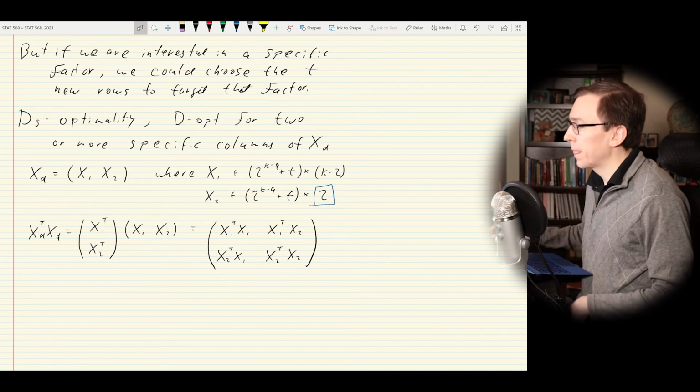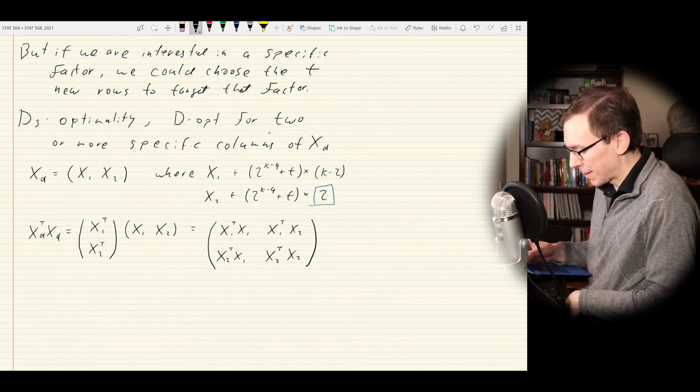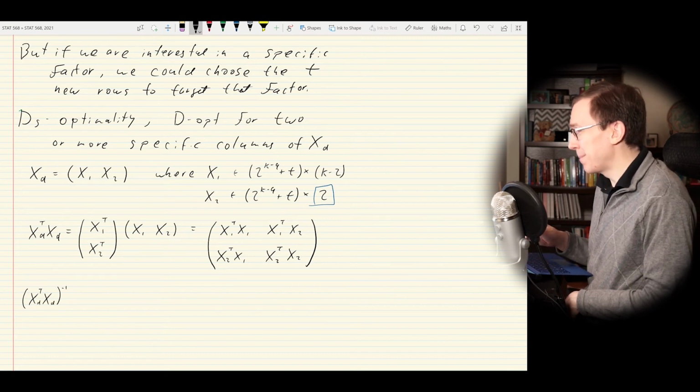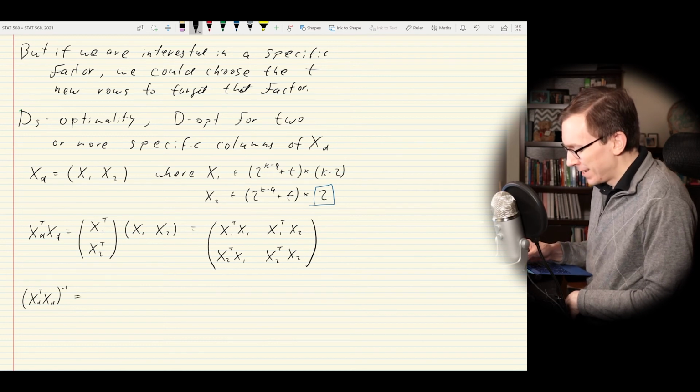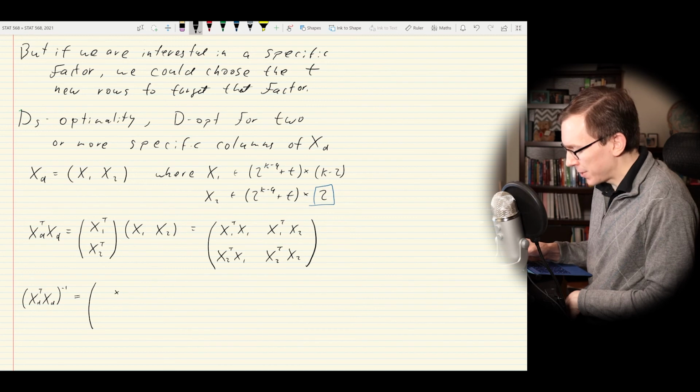Now, the reason we do that is because we can do a block matrix inverse, which I never remember the formula for, but luckily I have it written down, and you can always find it on Wikipedia or in textbooks. If I want to invert this blockwise, I'm going to have 3 entries that I don't care about, which I'll denote as star.